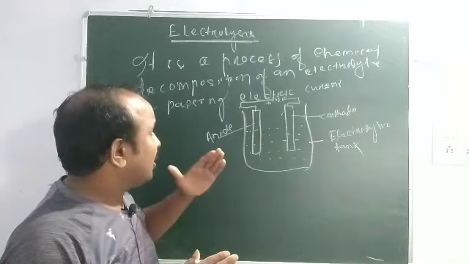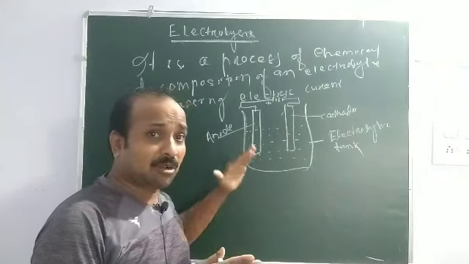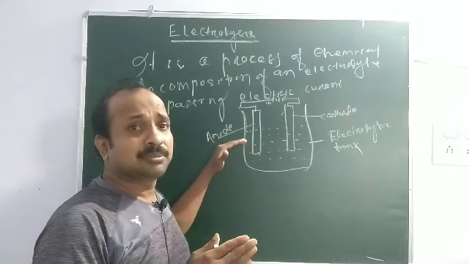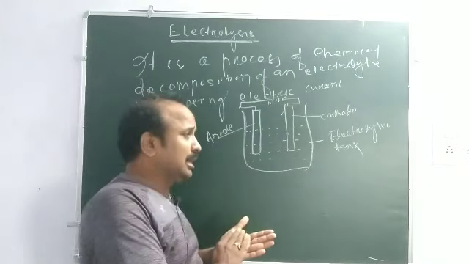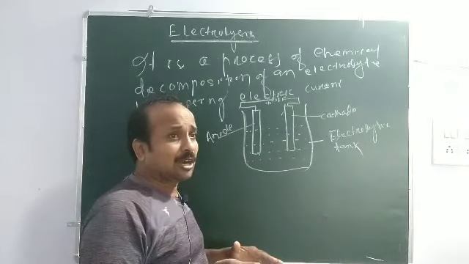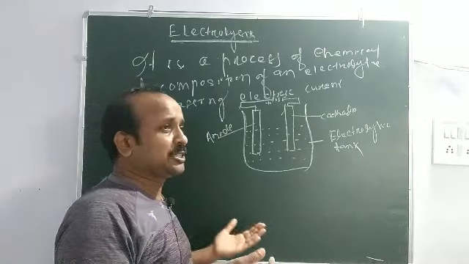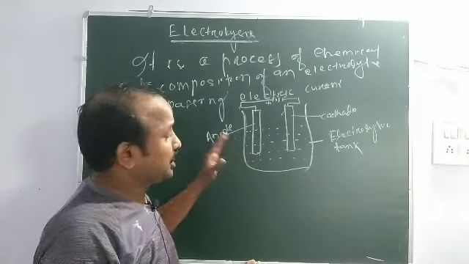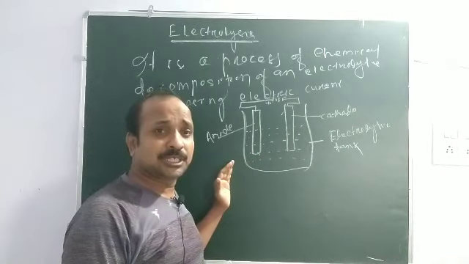Remember that in a galvanic cell the anode is negative, but in an electrolytic cell the anode is positive. There should be no confusion between the galvanic cell and the electrolytic cell. Some students think that anode means positive and cathode means negative. No, in a galvanic cell the anode is negative, and in an electrolytic cell the anode is positive.